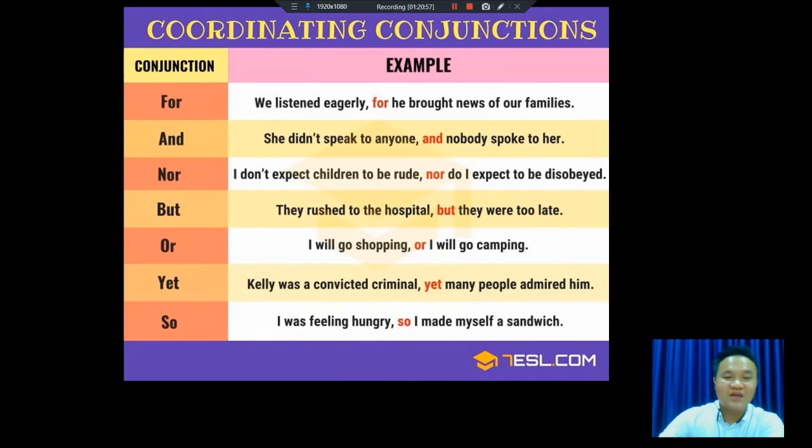Here I've shown you FANBOYS. So how are we going to use it? Spend some time to read through this slide so that you know how to use this conjunction in order to make compound sentences. Do spend some time to read, yeah?